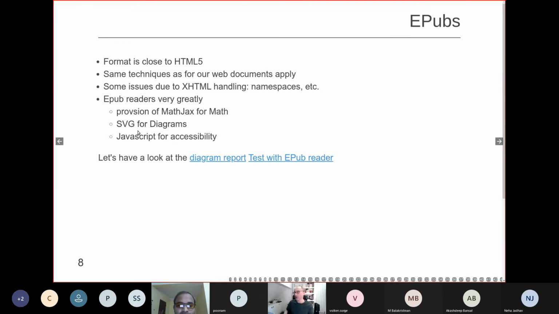Then the final format that we haven't really discussed is something like EPUB. In general, EPUB is very close to HTML5, so in many ways your sources will still work. There are a couple of issues, which have primarily to do with EPUB using XHTML underneath instead of pure HTML, meaning that it has to handle namespaces, etc., which HTML doesn't.